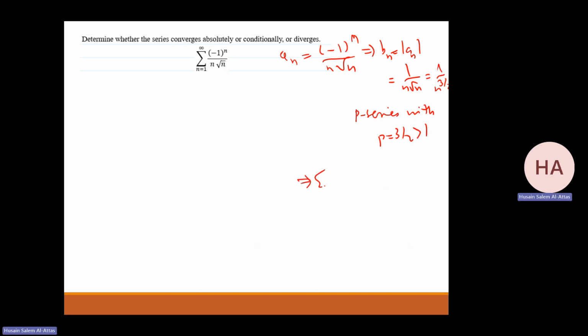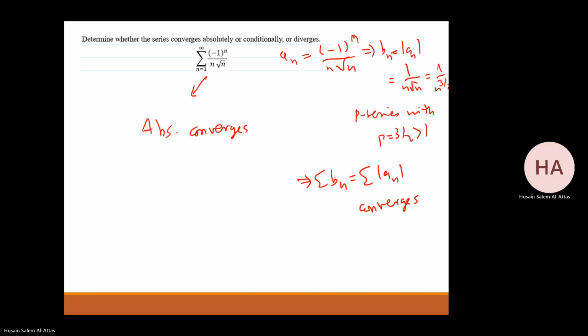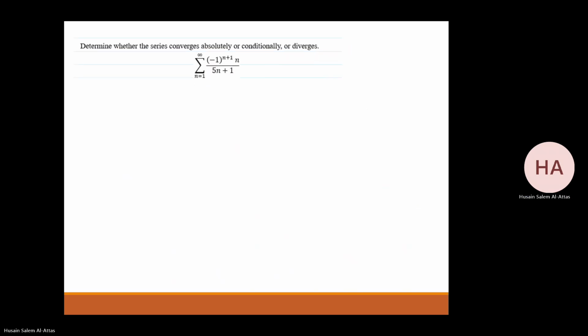So the series Bn converges. So this one absolutely converges. This one, if you notice, this is AN.